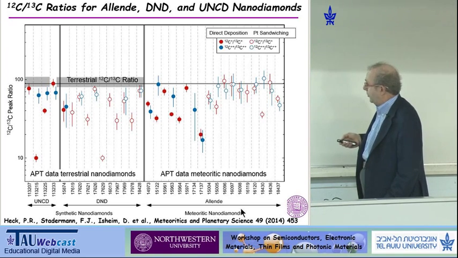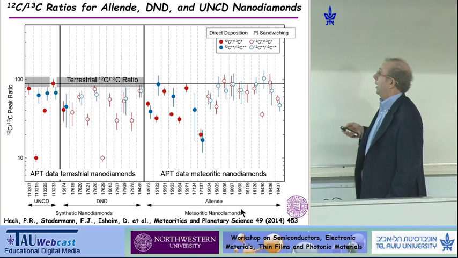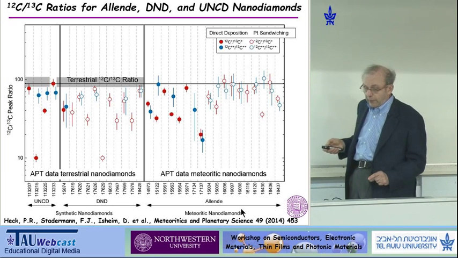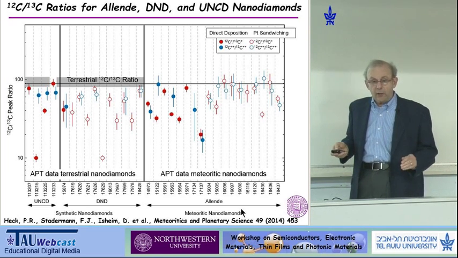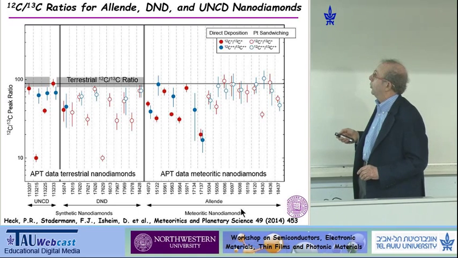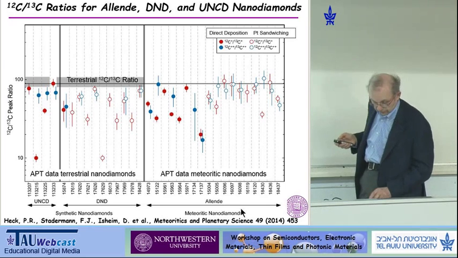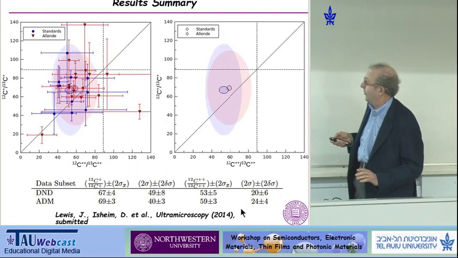And the name of the diamond, by the way, is Allende. That's not the diamond. The name of the meteorite is Allende. And what we find experimentally is that our ratio is less than the terrestrial ratio on the average. And there's other evidence for that.